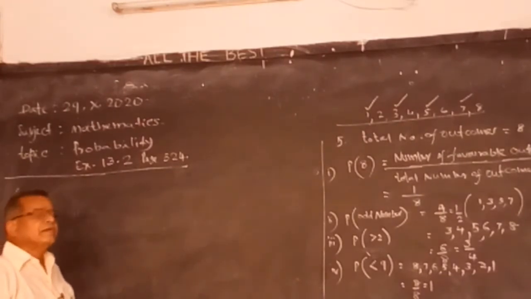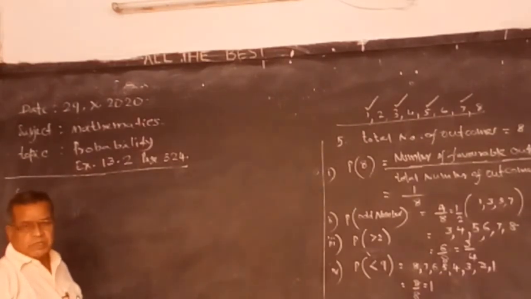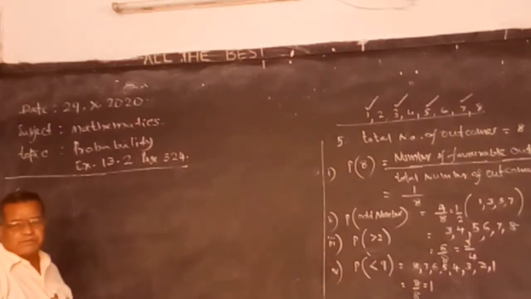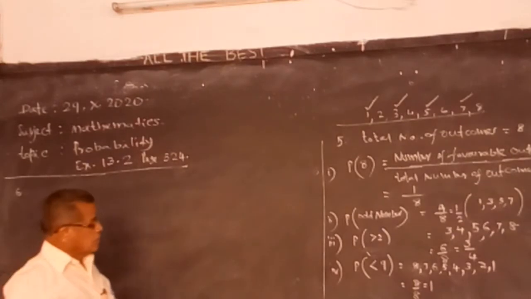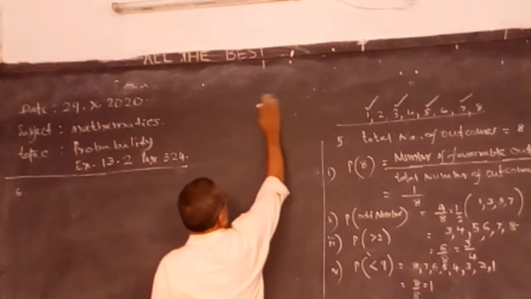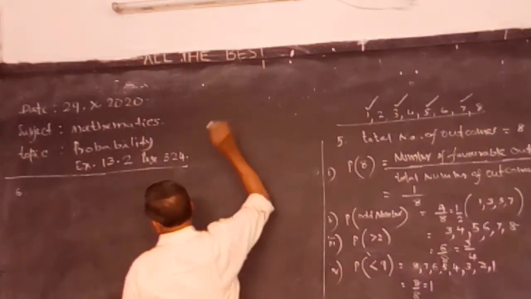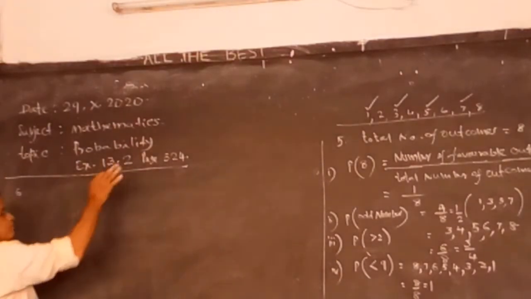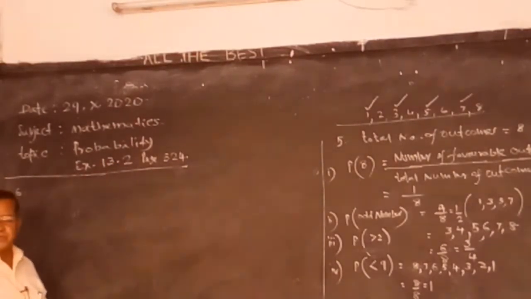I already explained. There are 4 types: club, spade, heart, diamond. Club contains 13 cards. Ace, 2, 3, 4, I showed already in previous class.